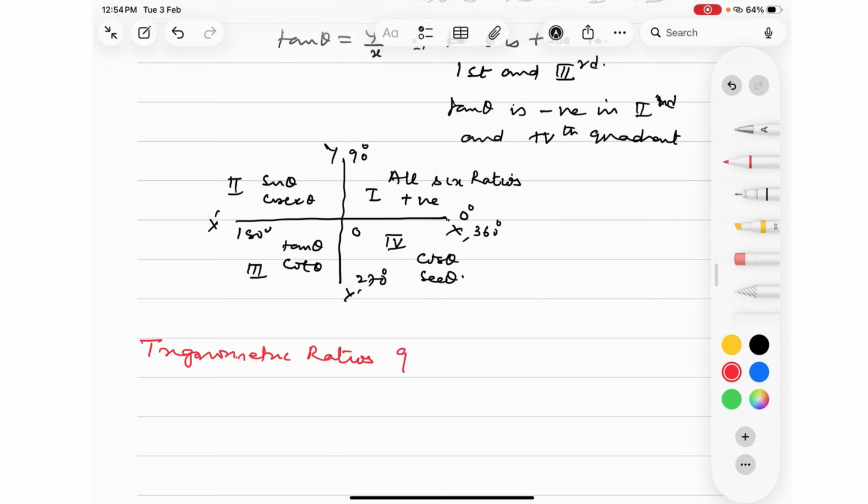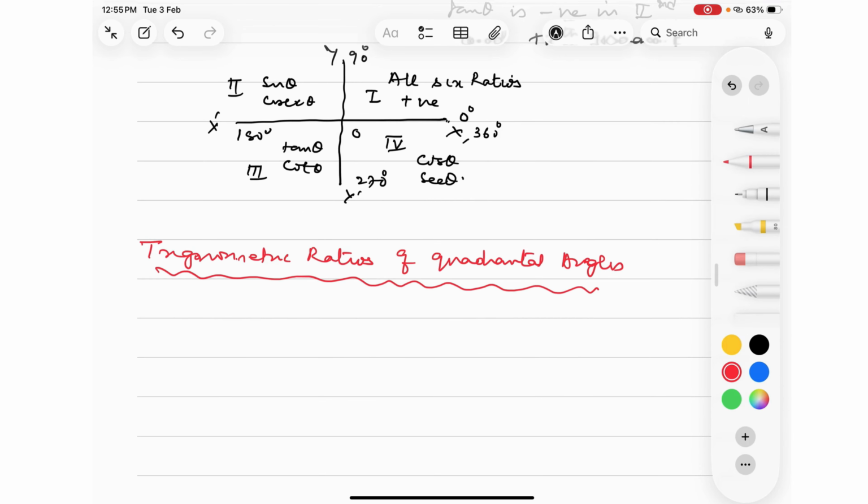Quadrantal angles, or quadrant angles, mean 0 degrees, 90 degrees, 180 degrees and 270 degrees. They are called quadrantal angles.